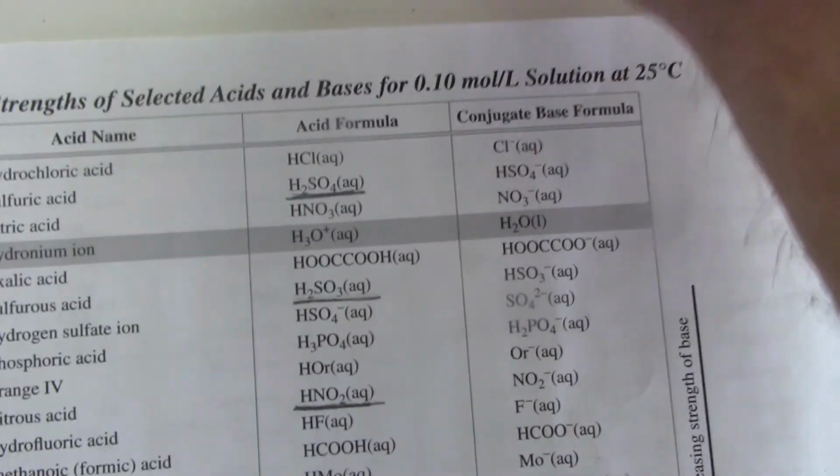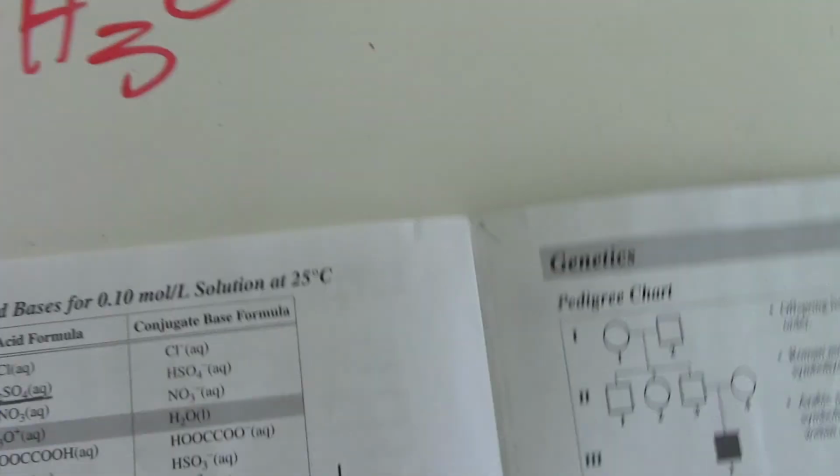Okay, so let's say we have nitric acid. So this is HNO3. Now if I go back to my acid-base chart, these top 3 acids will all make hydronium. So HNO3 makes H3O plus.